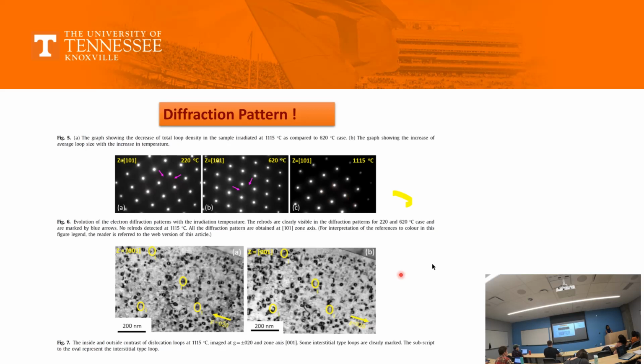Just they're twisted. Now here on screen, what I'm showing you is 001 axis, and here also 001 axis. And you see there are two kinds of loops here. So for the people who would be doing loops, first of all, we have to understand what is G. Then we have to understand what is B, that is your Burgers vector.